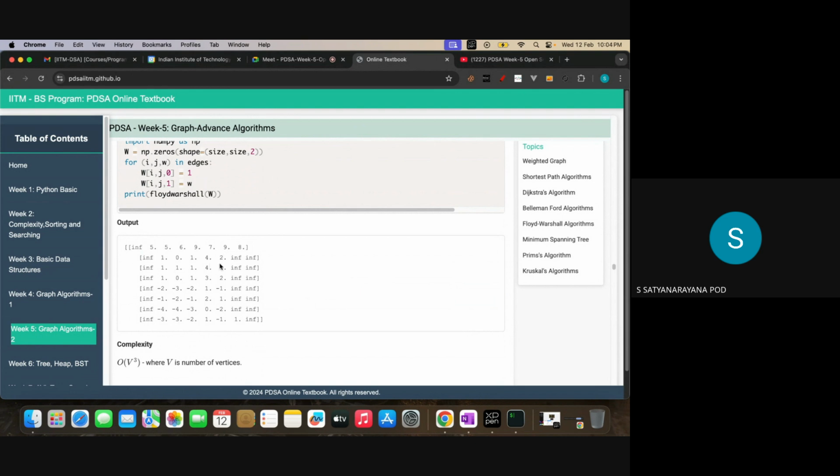From 1 to all of them, from 2, 3, 4, 5, 6 to all of them. The output is a combination of rows and columns, because we are finding the shortest distance from every vertex to every other vertex.